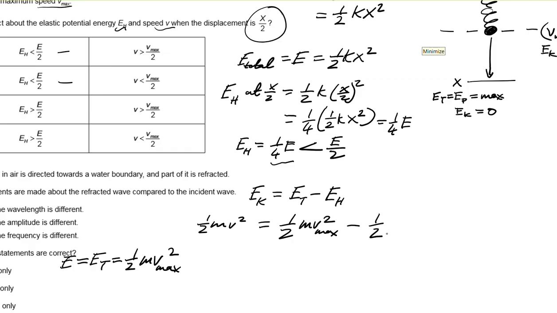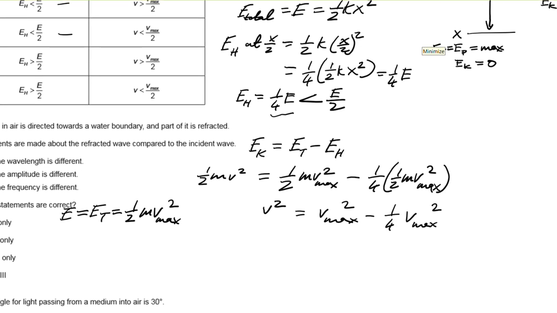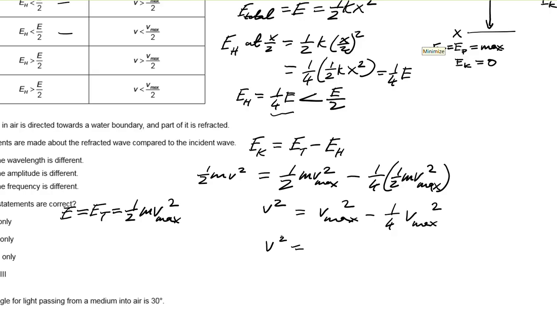And so we have half mv squared equals half mv max squared minus 1/4 of half mv max squared, right? And so we can remove half m from everywhere, cancel those out, and we get v squared equals v max squared minus 1/4 v max squared. And so we get v squared is equal to 3/4 v max squared.